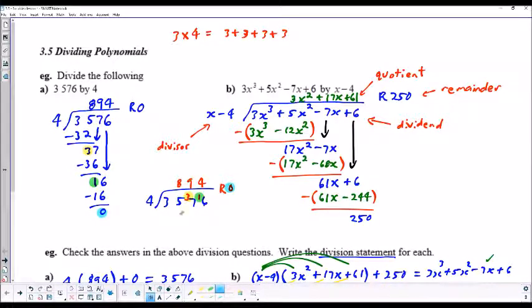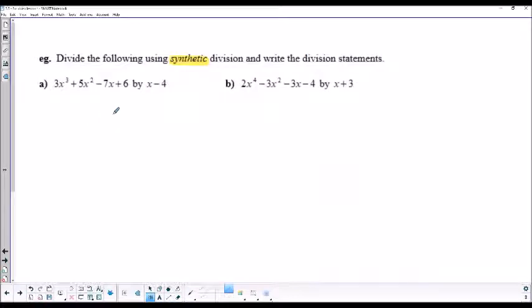Okay, so we're going to be doing the polynomial equivalent of short division, and that is called synthetic division. What we do here is we take a look at the divisor, and we look at the second term of that divisor.